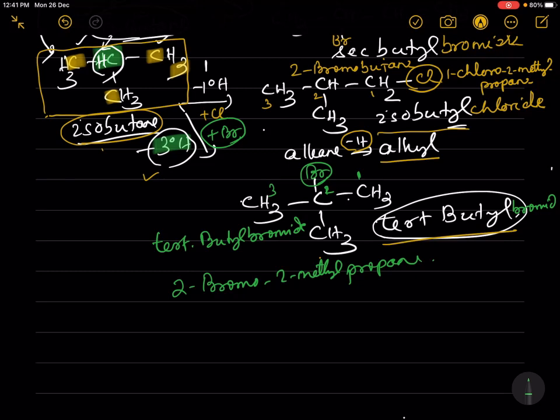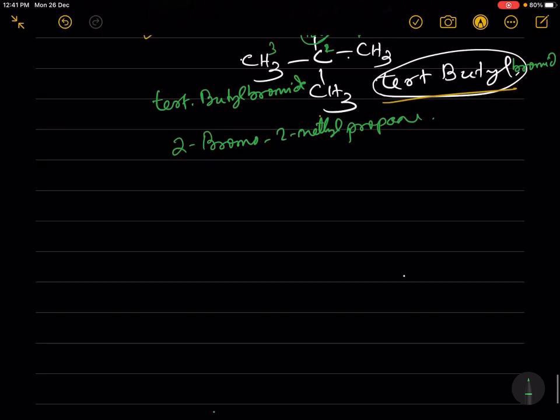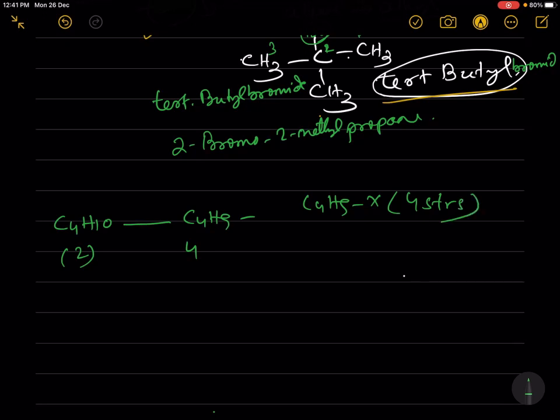Here we have discussed C4H10 has two isomers, then C4H9 has 4 isomers, and C4H9X has 4 structures, and all are monohaloalkanes.